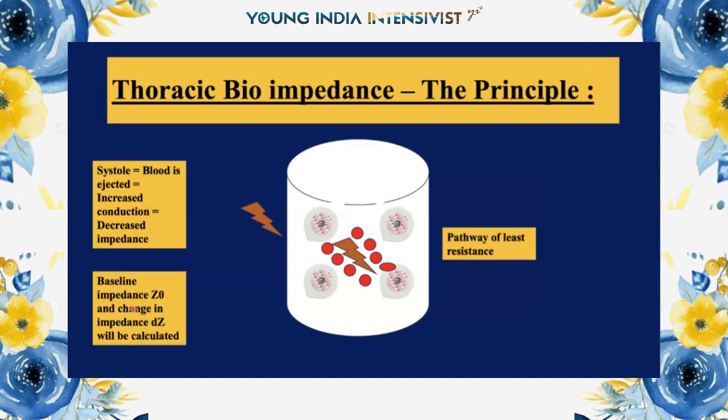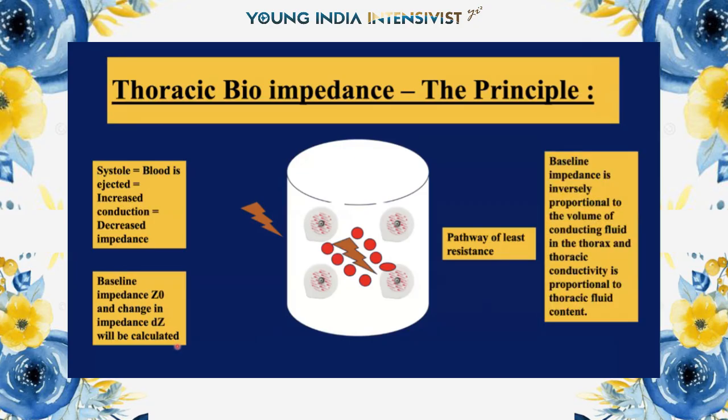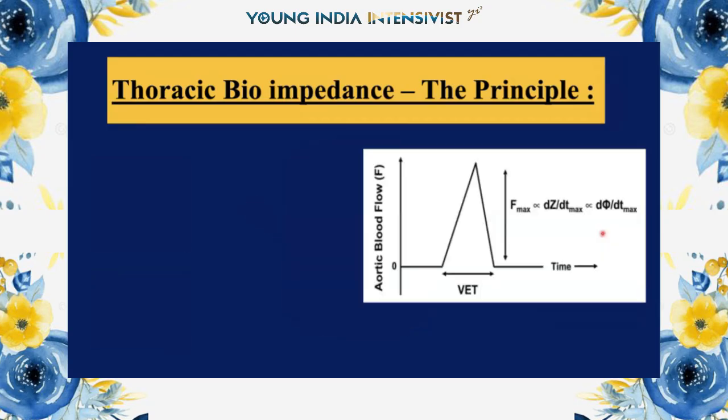So this baseline impedance and change in impedance will be calculated. The baseline impedance is inversely proportional to the volume of the conducting fluid. For example, if I have a lot of blood, I will have a lot of iron content, so I will have more iron to conduct my electricity, so I will have the least resistance. So my baseline impedance is inversely proportional to the volume of the conducting fluid.